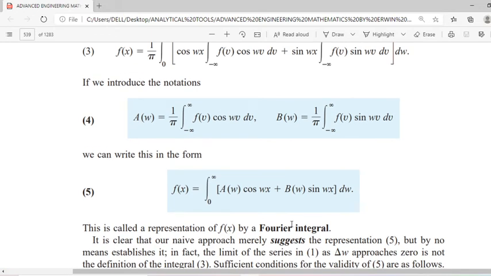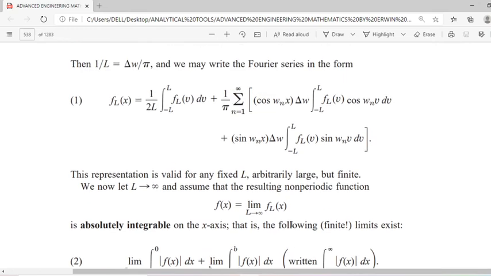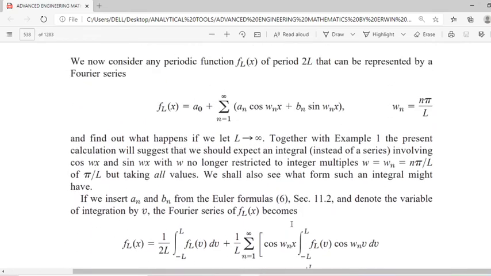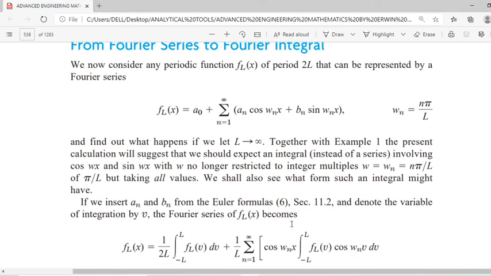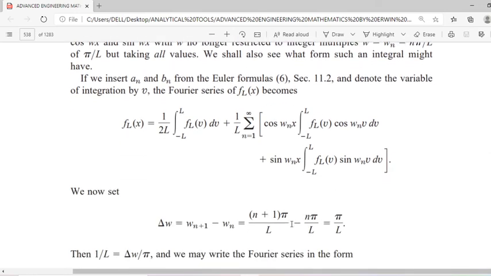If you want to understand the Fourier integral, you have to start from the representation of f_L(x), and then f_L(x) is modified like this.